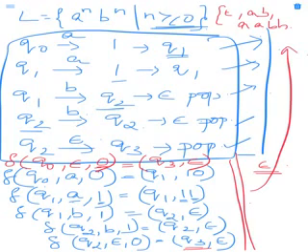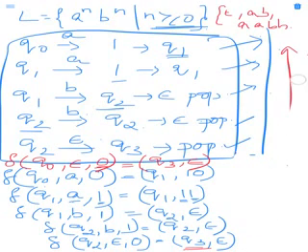Based on the previous transition functions, you have one more transition written, that is del of q0 comma a comma 0 is equal to q1 comma.